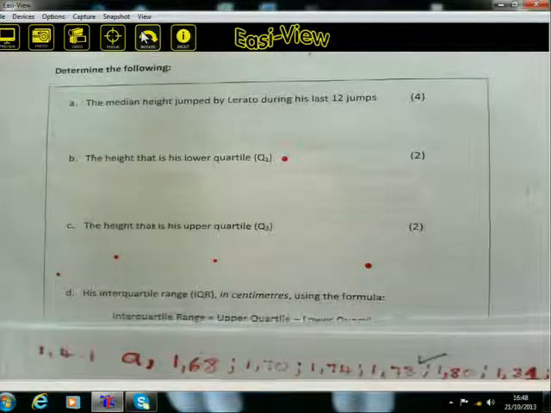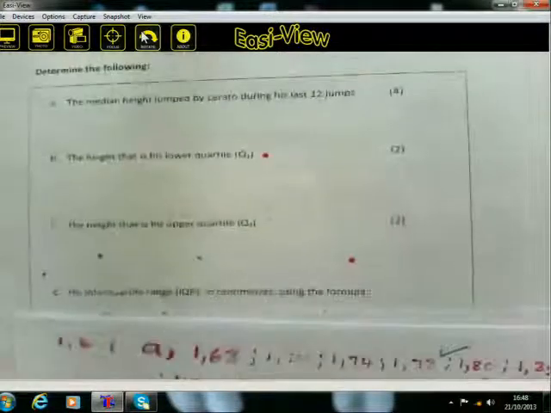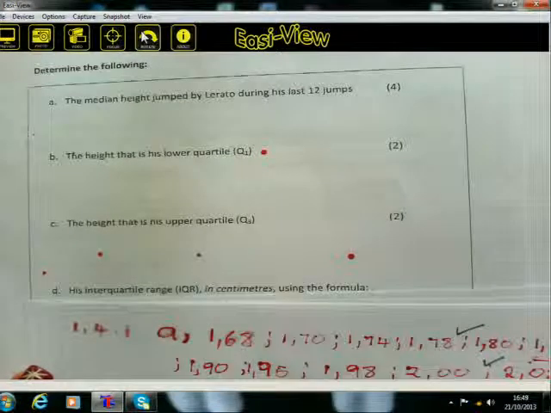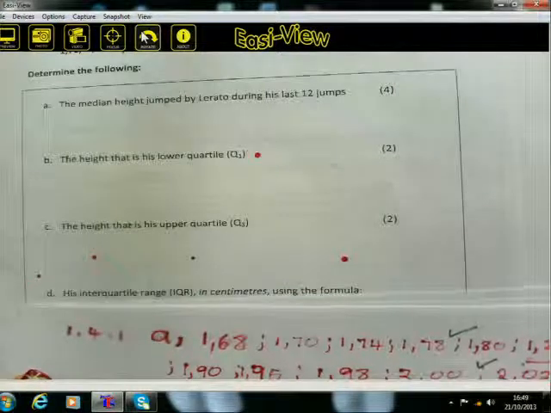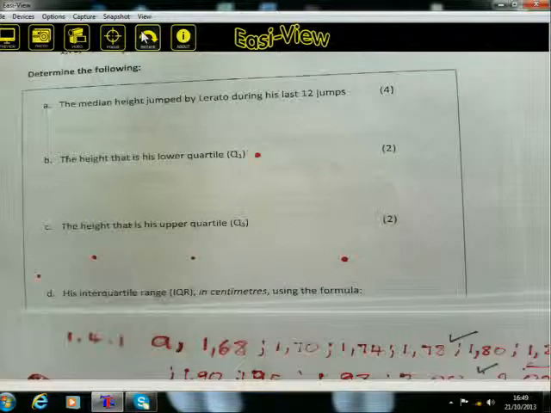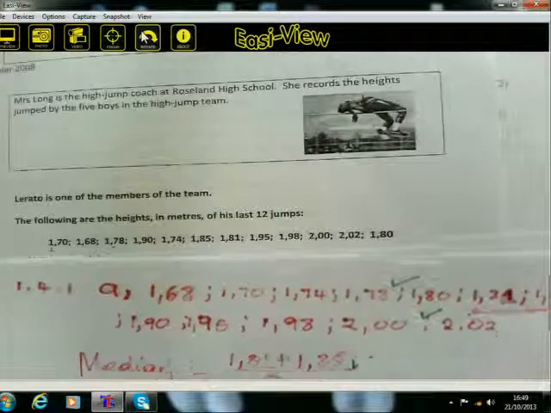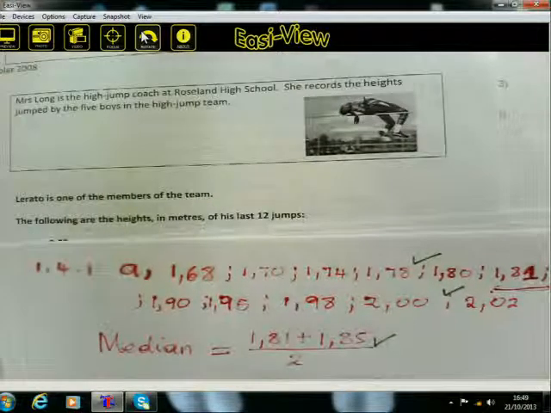So let us move to number D. It's still a question. Remember, the question here says determine his interquartile range, in brackets IQR, in centimeters, using the formula. You can go back to the given scenario, where they said the following are the heights in meters.